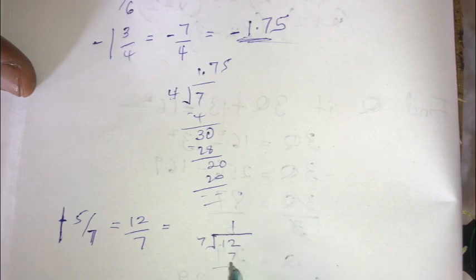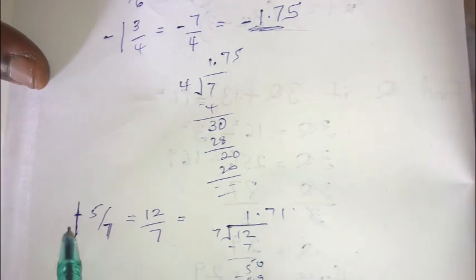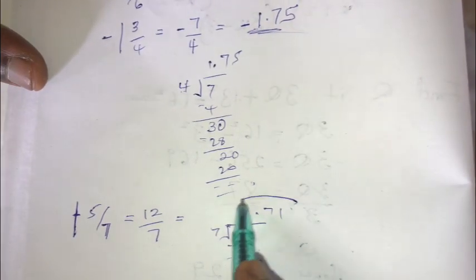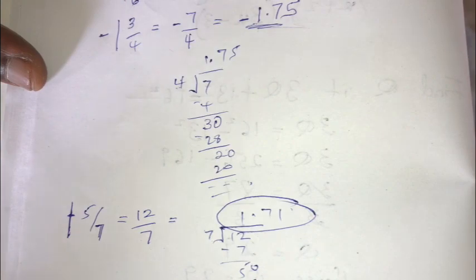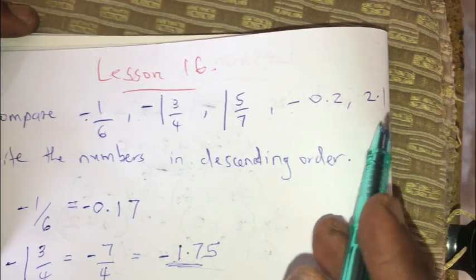Then 7 times 1 is 7. Subtract, get 5. 7 will go into 50 how many times? 7 times 7 is 49. Subtract, you get 1. So it means that 1 5/7 is 1.71. Just use your calculator. Then we have -0.2 and 2.1.